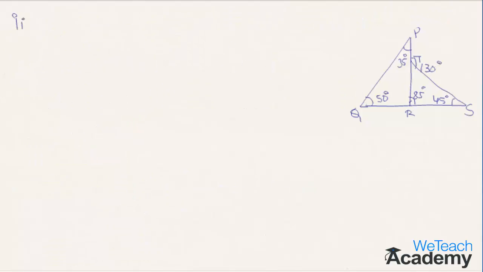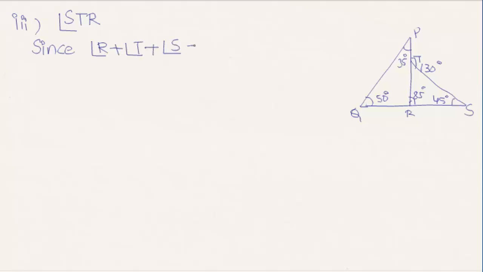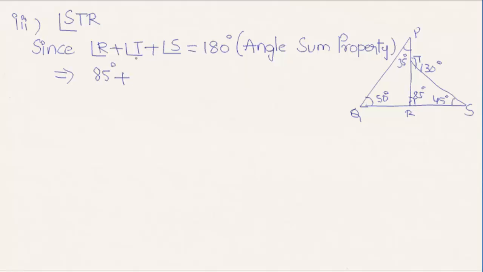Now moving to find the third angle STR, which is an interior angle of the triangle RTS. We can write this as angle R plus angle T plus angle S is equal to 180 degrees using the angle sum property. So now, by substituting the value of R is equal to 85 degrees and the value of S is equal to 45 degrees in the equation, we get 85 degrees plus angle T plus 45 degrees is equal to 180 degrees.